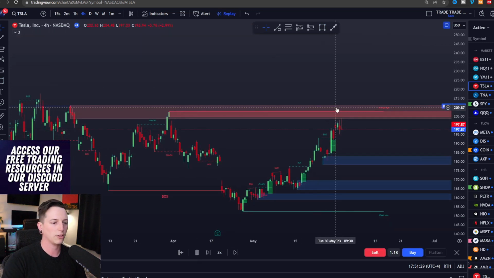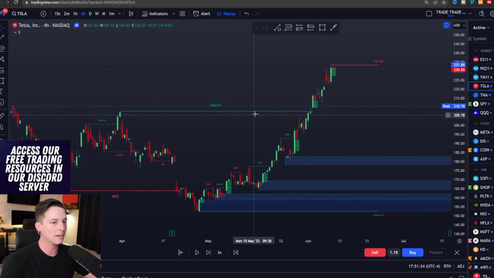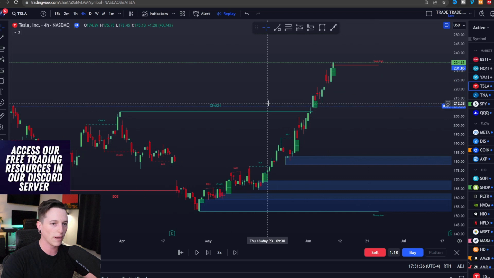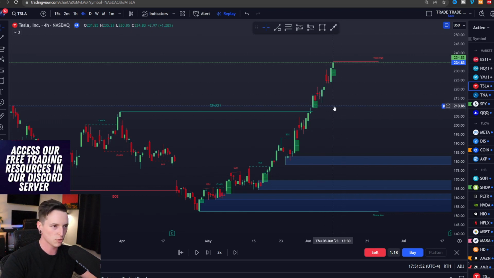If we were to go back and look at a candle replay of May of 2023, you're going to see that we had this resistance level of about 208 to 212. This resistance is called the change of character when we break through it, basically meaning that when you push through the resistance with heavy amounts of volume, we're normally going to continue to run, and this is going to be a potential reversal.